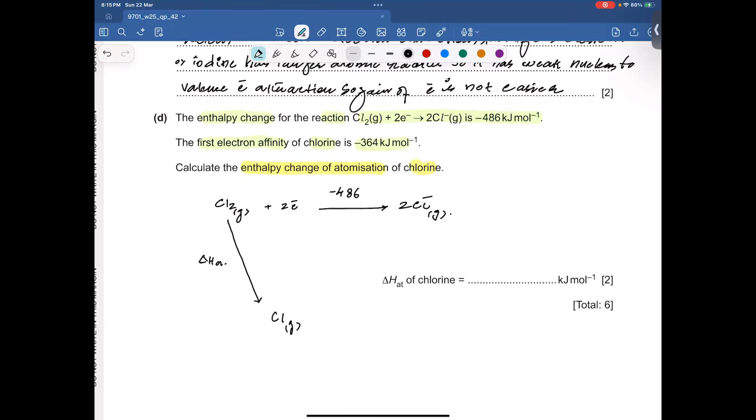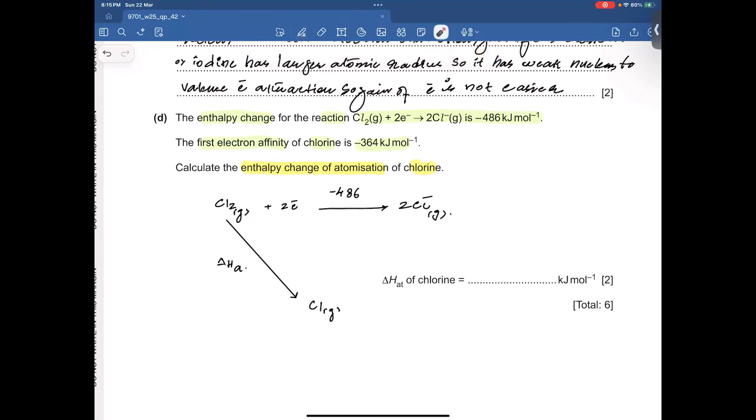Oh, my bad. It's not a mistake, but yeah, makes sense now. So I'm going to write 1 mole of gaseous chlorine atoms, and obviously it's going to be atomization. Now this gaseous chlorine atom gains 1 mole of electrons and will turn to 1 mole of gaseous chloride ions.